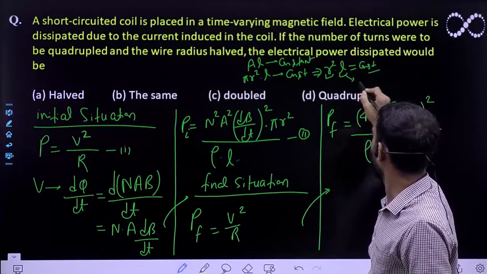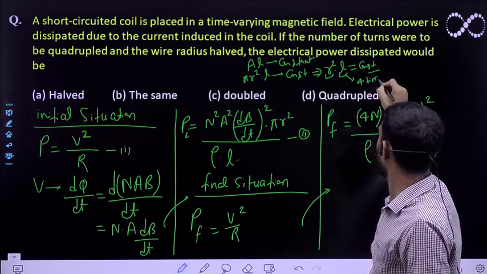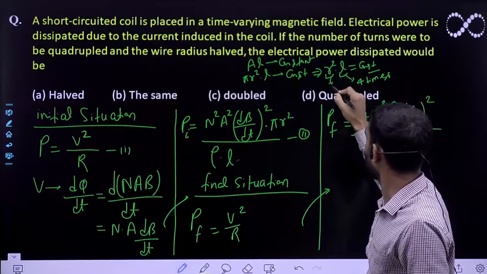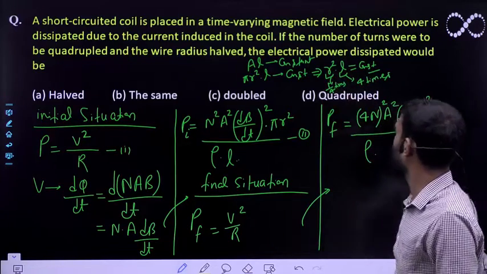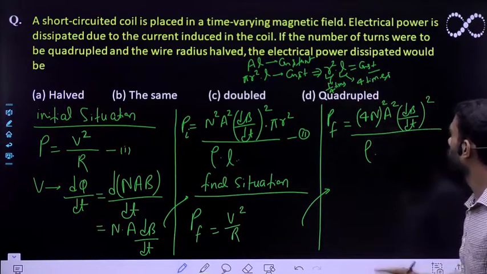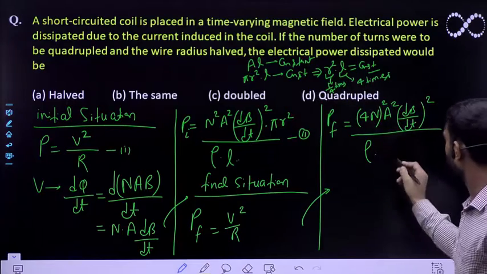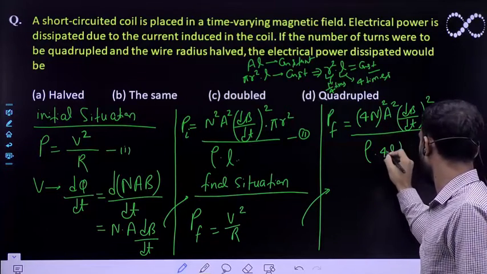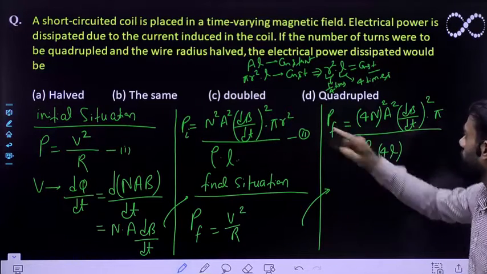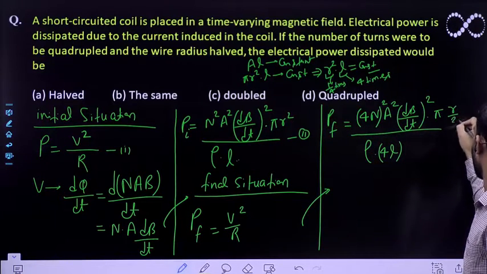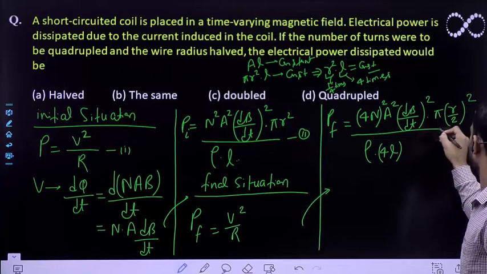So from here I can say L will become 4 times, as r squared is becoming 1 upon 4 times, and both are inversely proportional because the product is constant here. So the length becomes 4 times. So I can say this will become 4 into L, and this will become pi times the radius, which has become half, so pi (r by 2) squared.